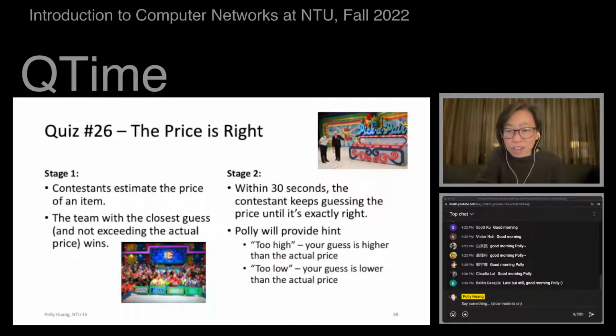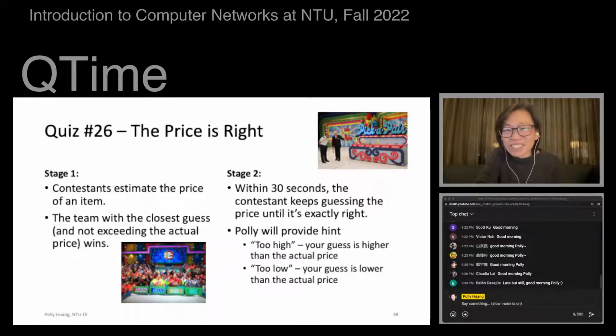The winner, the team that gets the price closest to the true price but not exceeding it, will enter stage 2, which is shown in the picture on the upper right.